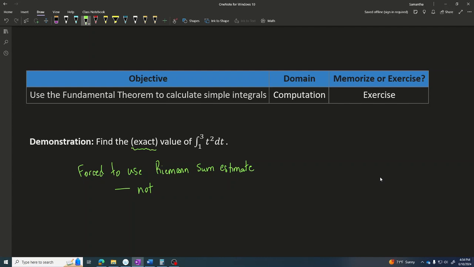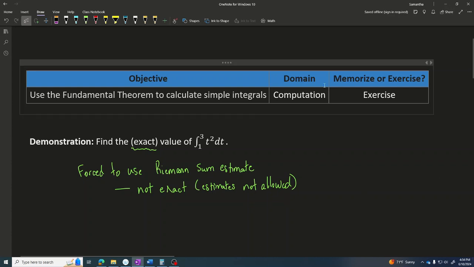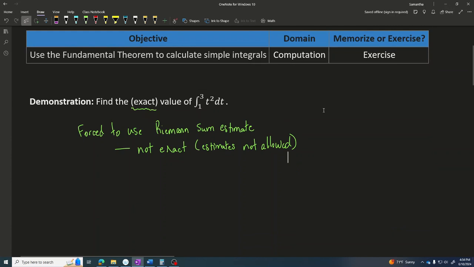If you see that keyword exact, then exact means estimates are not allowed. So if your only option is a Riemann sum estimate, but estimates are not allowed, then you need new ways to solve problems like this one. And that's what the fundamental theorem of calculus is going to give us.